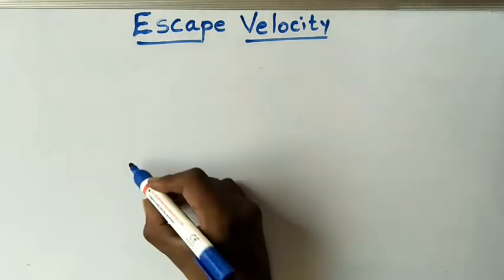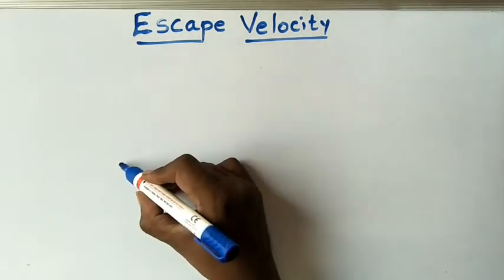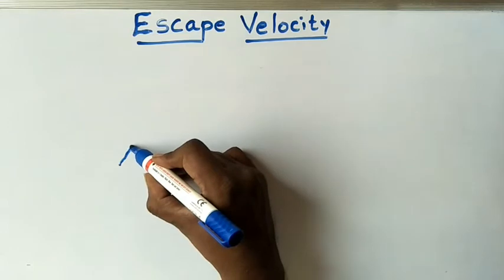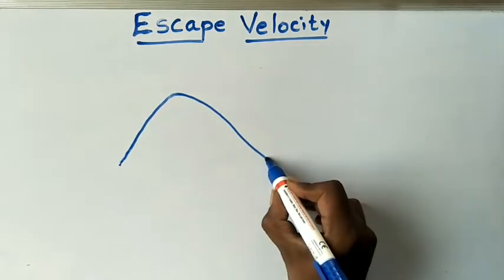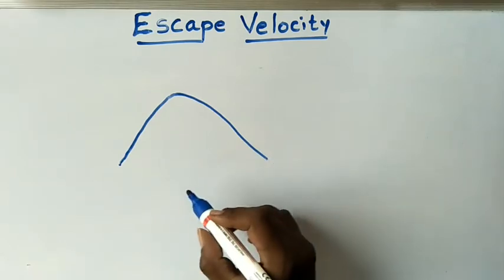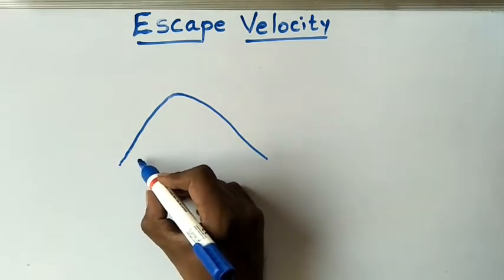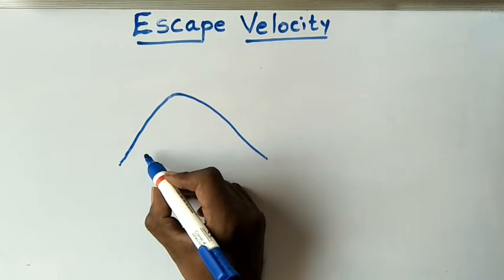Let's say for an example, when I throw a ball from here upward, it goes to a certain limit, then it comes down, right? But here the initial velocity is less.